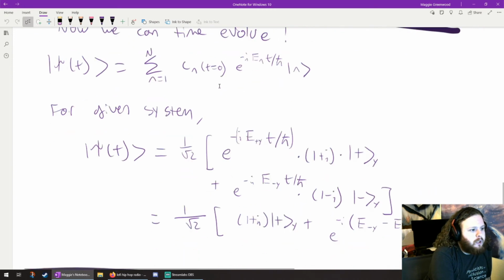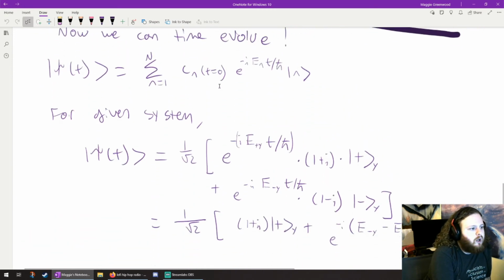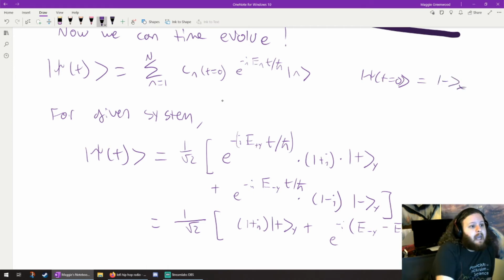So what I was doing previously was I had an initial state that I was given. The initial state, psi at t equals 0, was minus in the x basis. And what I was trying to do was just time evolve the state and find it at a later time t.